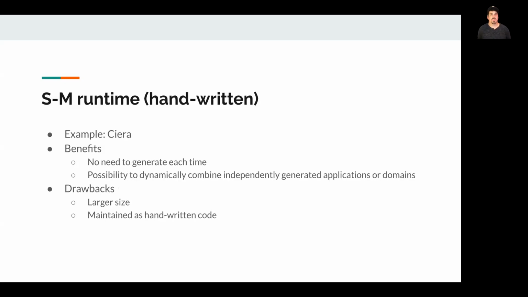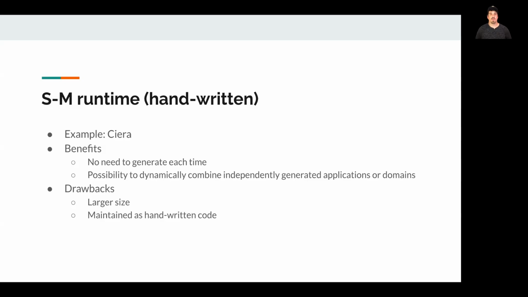The second approach, that's a handwritten runtime, this is what Ciera does. One of the benefits of this is that you do not need to generate it each time. You can independently compile and package it and distribute it along with the model compiler. And each model that's generated can then just reference the runtime. This introduces the possibility to dynamically combine independently generated applications or domains.